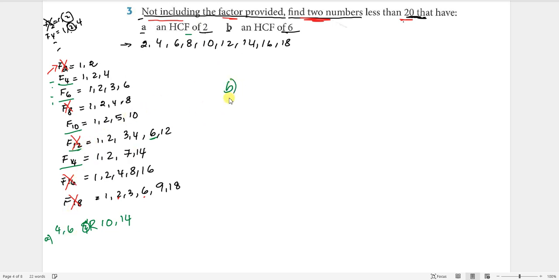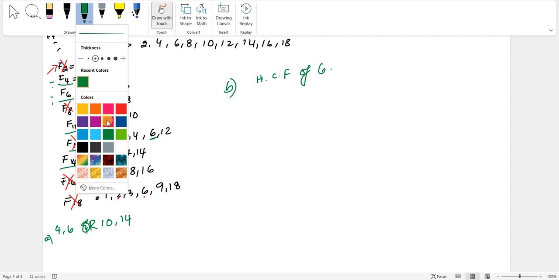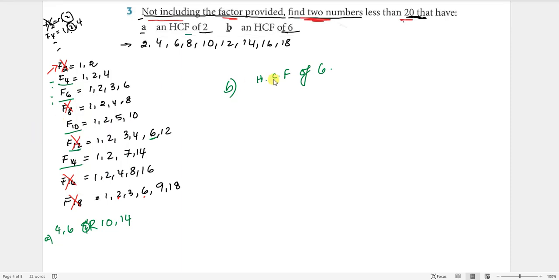Moving to part B. An HCF of 6. HCF of 6 is pretty easy. So for HCF of 6, just check which two numbers have the HCF of 6. So you can see 12 and 18.